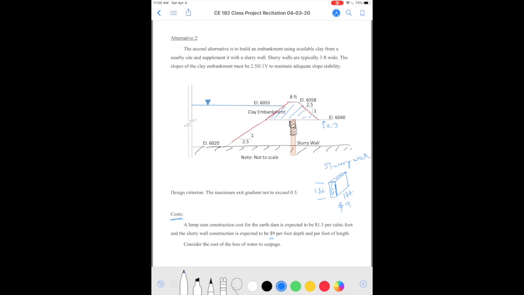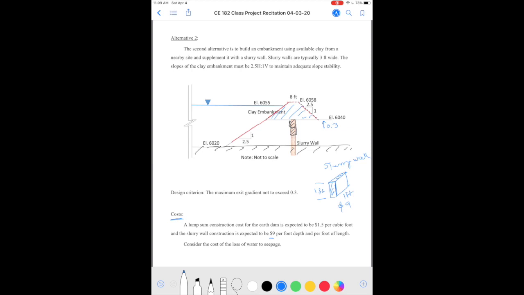Similarly, for the previous alternative one, for the sheet pile cutoff wall, for 1 foot deep versus 1 foot into the piece of paper, that area was going to cost $19. So you can add that.